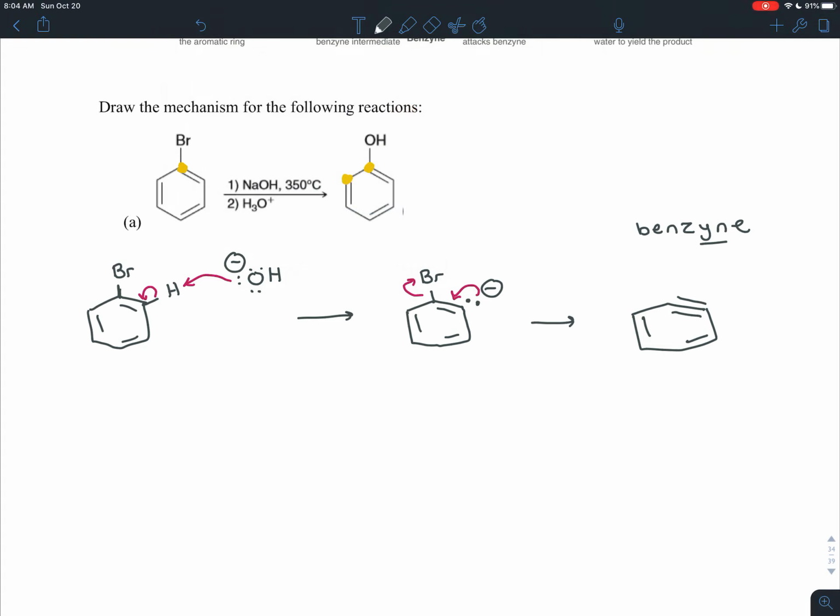At this point, another OH minus can come in, and it could attack either of the carbons in this triple bond. It could attack either of those with equal likelihood. And that's why people were observing that it was attacking either the same carbon that the bromine was on or one right next door to it.